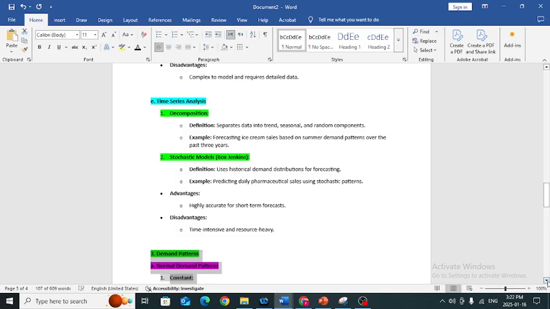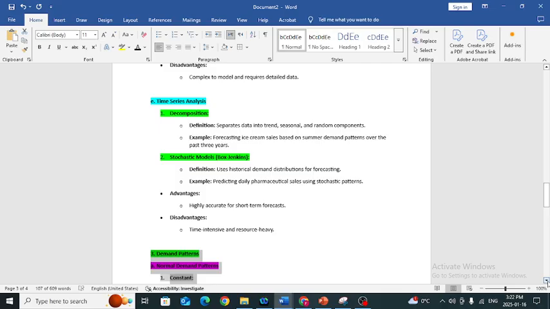Decomposition, for the definition of this, separates data into trend, seasonal, and random components. It's very important for time series analysis. You should prepare this and then use this analysis for your forecasting. For example, forecasting ice cream sales based on summer demand patterns over the past 3 years.